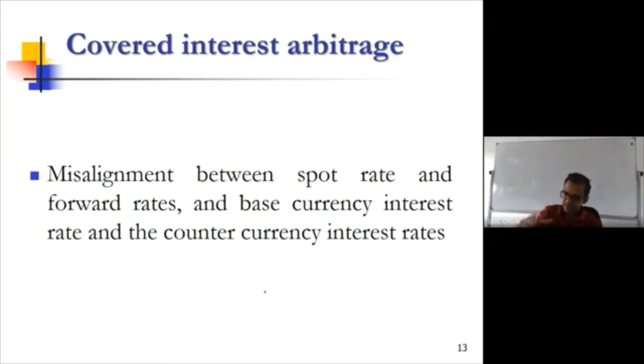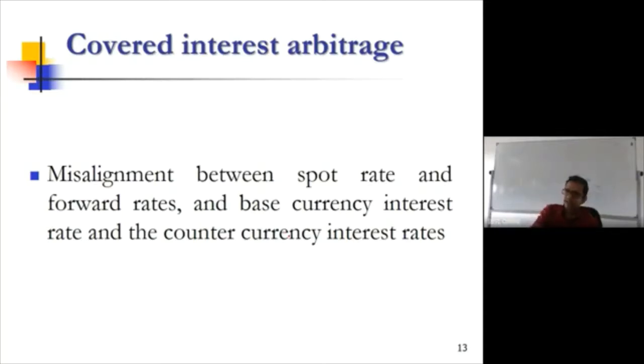Because of high demand, those currencies' interest rates are high compared to the other currencies, and when you do a sort of swap transaction, you get a better interest rate. So with a combination of a swap and a deposit, you can earn this arbitrage profit. So this exists in the market.